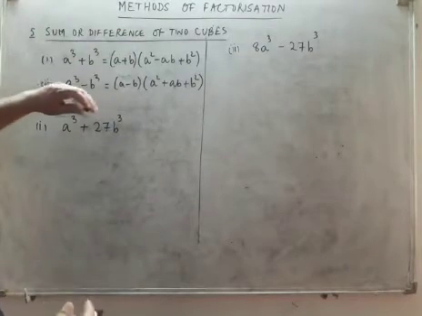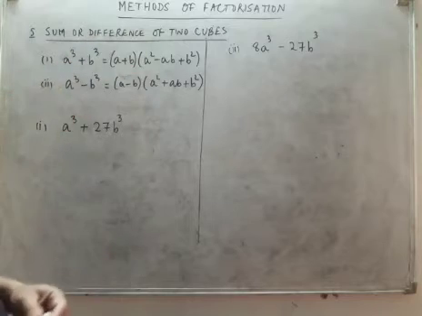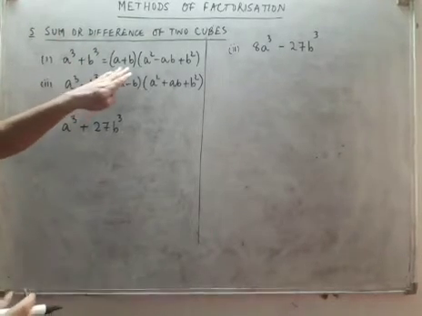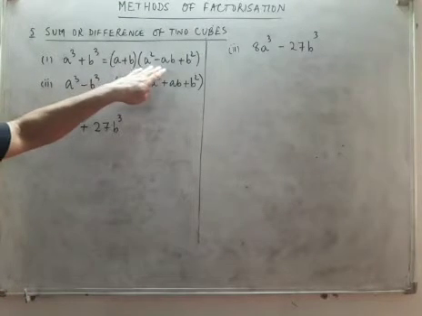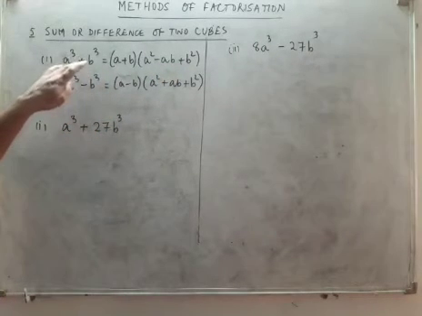Okay, we are back to take up the last method, using the sum or difference of two cubes. You remember the expansion: a plus b multiplied by a squared minus ab plus b squared gives you a cube plus b cube.